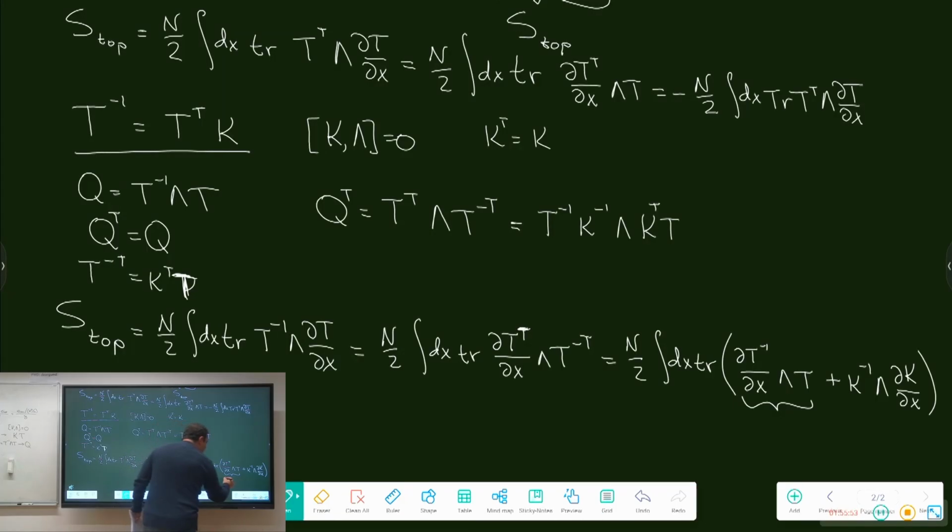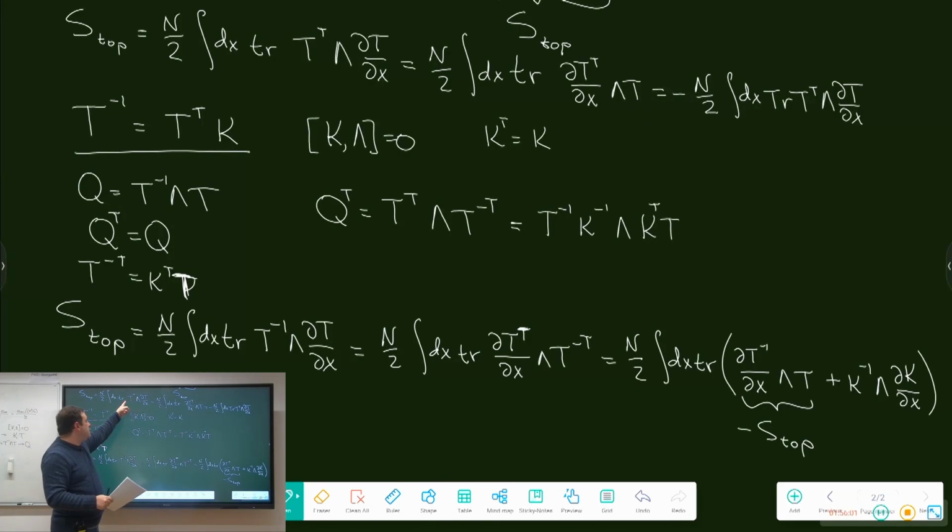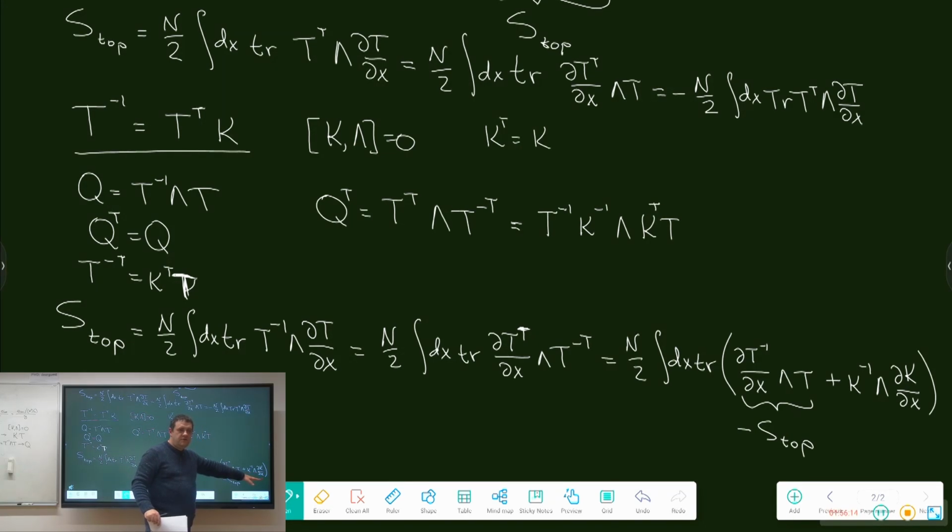And this is minus the original term. So what I'm trying to say is that this calculation was wrong because T inverse is not the same as T transpose. So if we have this K here and we apply this thing, it doesn't just flip sign, it flips sign, but there is an addition here with this K.